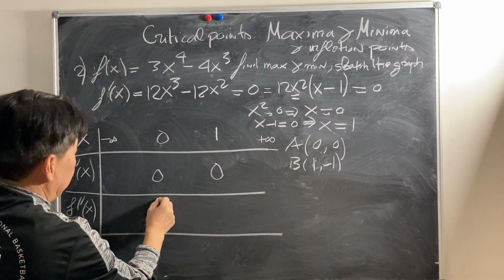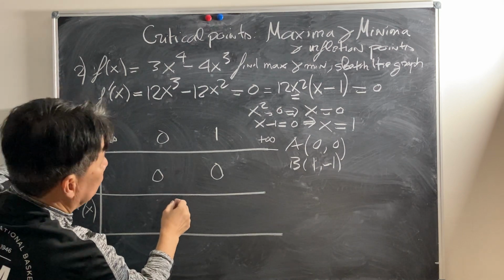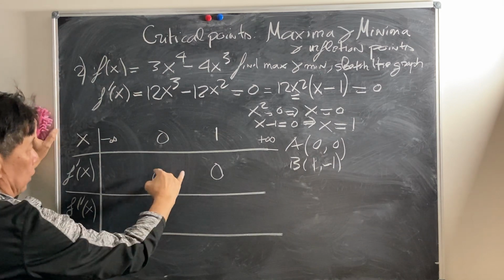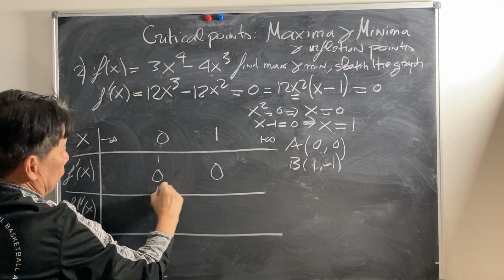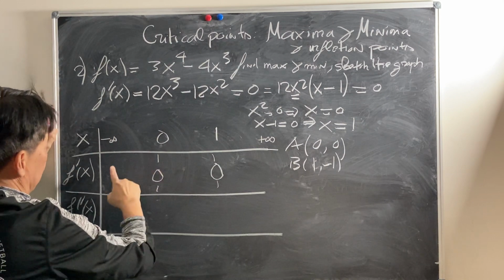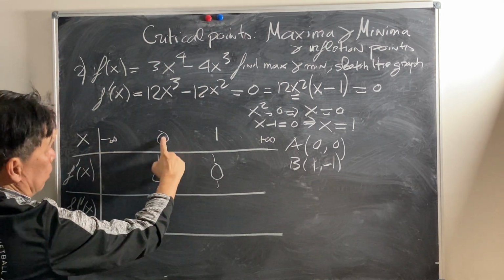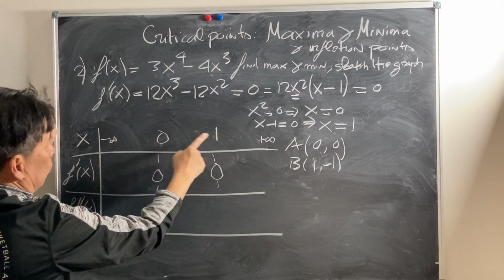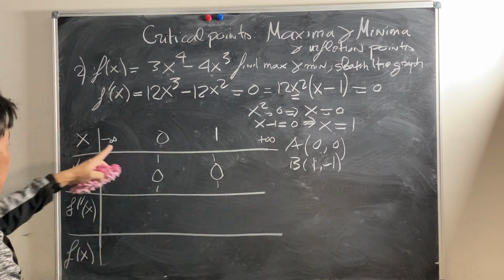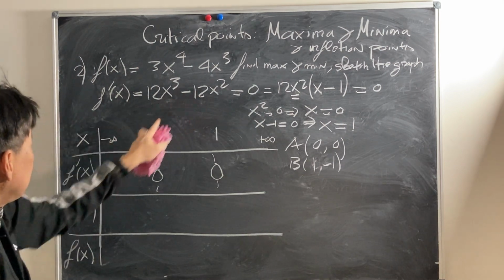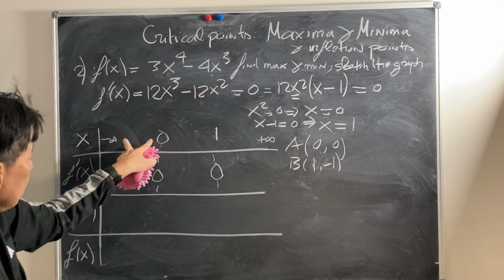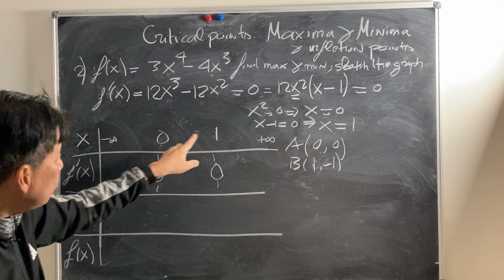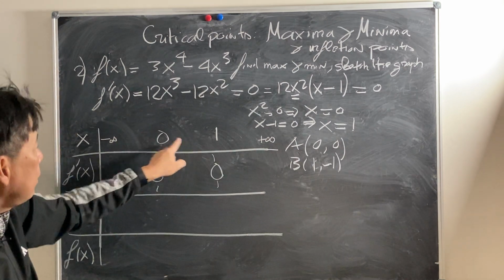Okay, and then we need to find the sign. We have 3 different intervals right here. We need to find the sign from negative infinity to 0, from 0 to 1, and from 1 to plus infinity. If you want to find the sign of f prime here, just take a value in each of these 3 intervals. You can take any value.